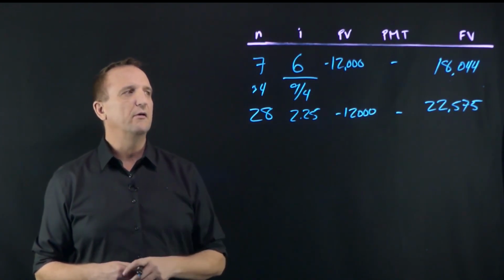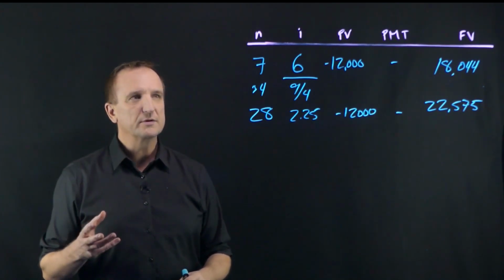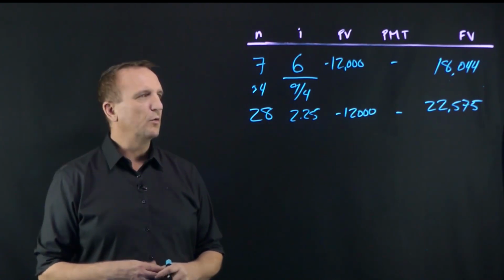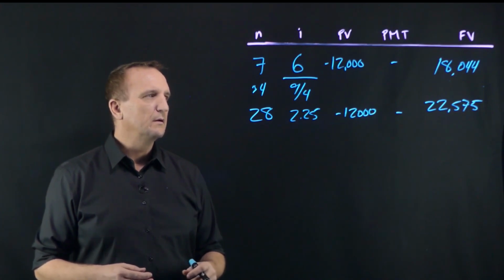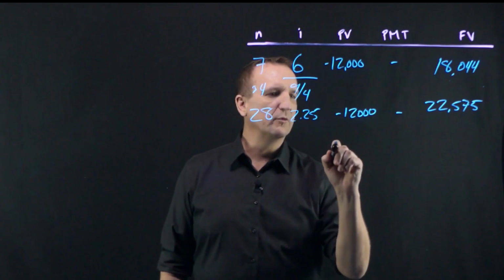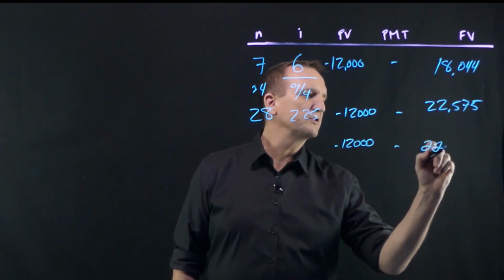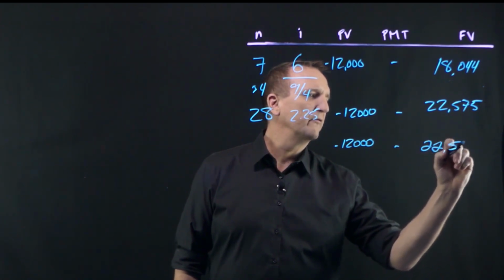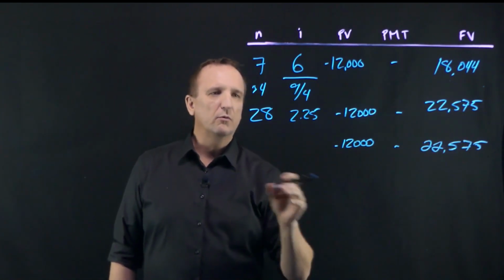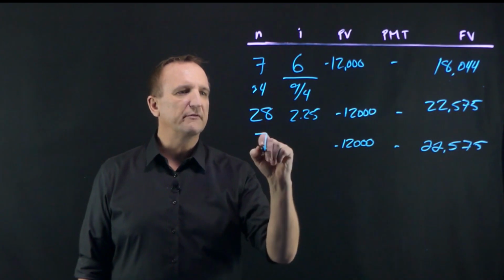Now, in the case of this second scenario where we have 9% interest and 4 periods per year, then what we would do is we could just take this same number here where we have a $12,000 deposit and we have a return of $22,575, and go back and say, okay, what was our annual yield on that since we had it for 7 years?